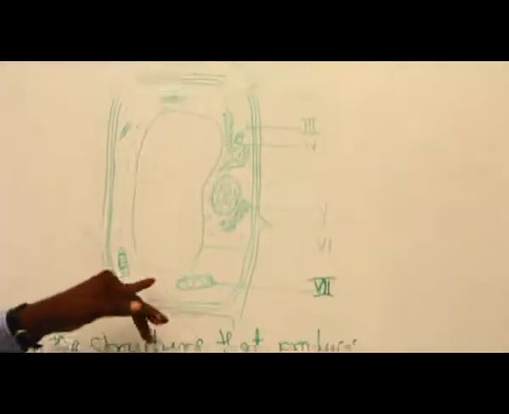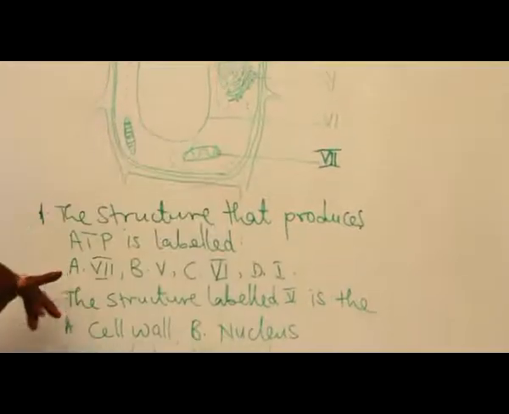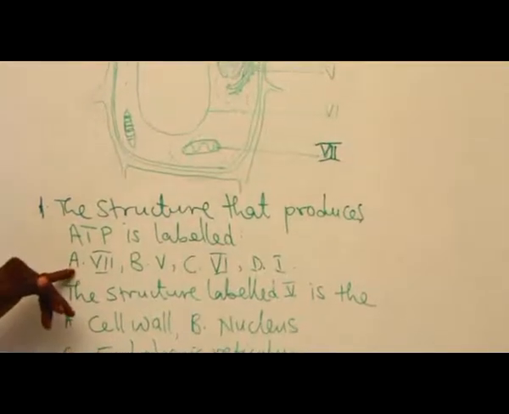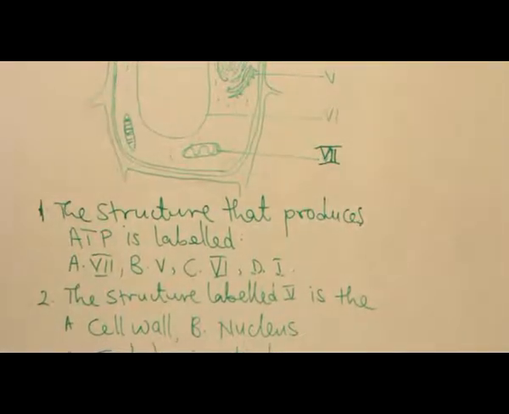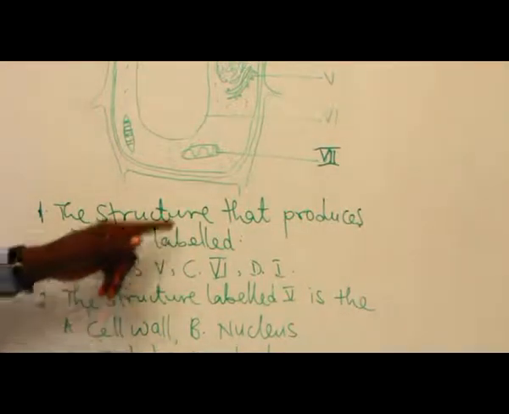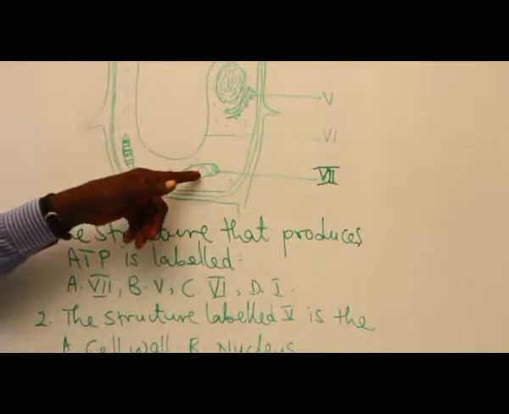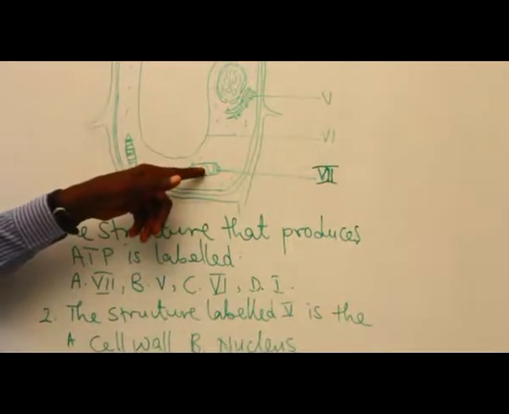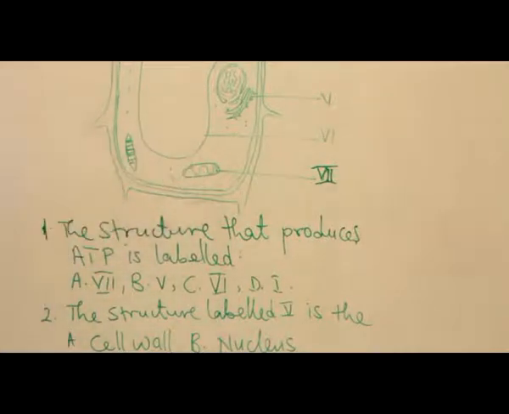If you look at it, the answer is 7, which is A. A is the answer to this question. Because if you choose B, that is 5, 5 does not carry out respiration. Aerobic respiration occurs in the mitochondria. So that is why the answer here is A.